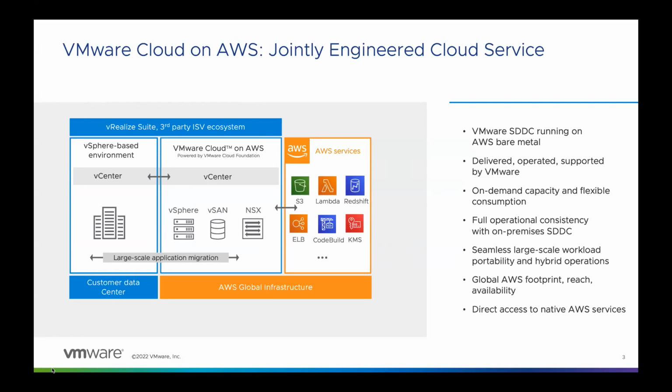A benefit of this service is that, because it's running on AWS bare metal, you can have communication between the VMC, which is VMware Cloud on AWS, and those AWS services, and you can start consuming those services quickly and rapidly, as they're all going to be running on the same AWS backbone.